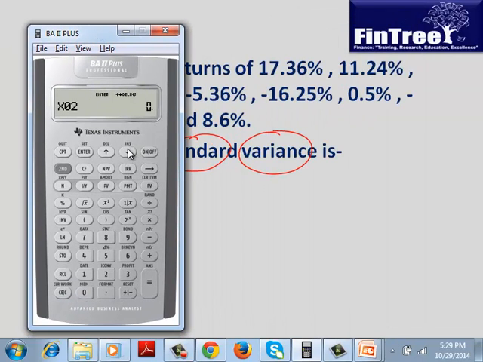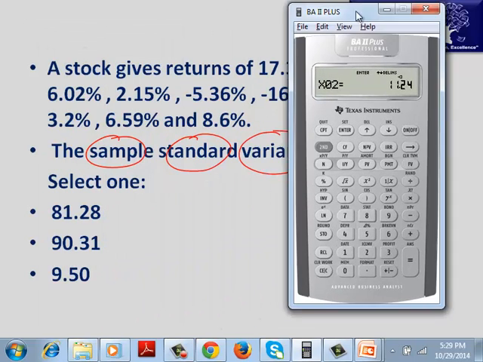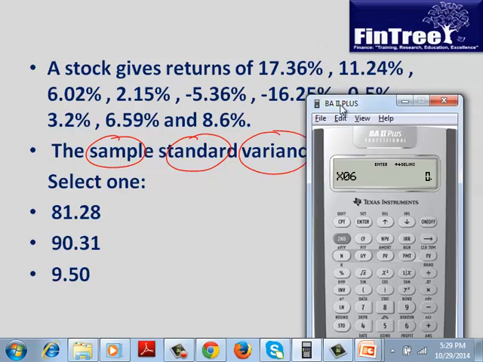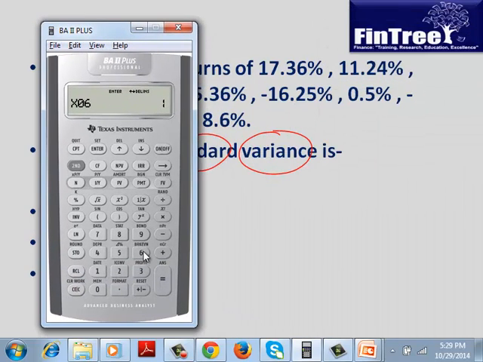Then X2 would be 11.24, enter. X3 would be 6.02, enter. X4 would be 2.15, enter. X5 would be 5.36, negative, enter. X6 16.25, negative, enter.